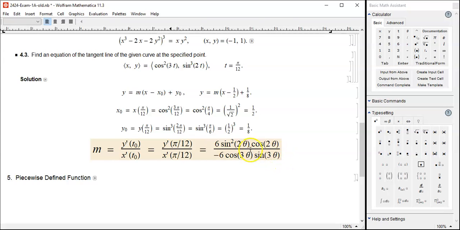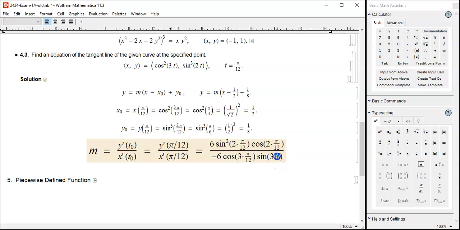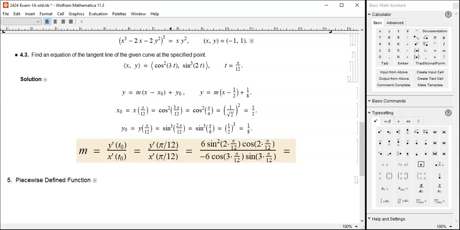And I want it evaluated at pi over 12. So this should be times pi over 12, and this should be, and that should be, and one more. Okay, you can punch it in the calculator now. Make sure your calculator is set up in radian mode.